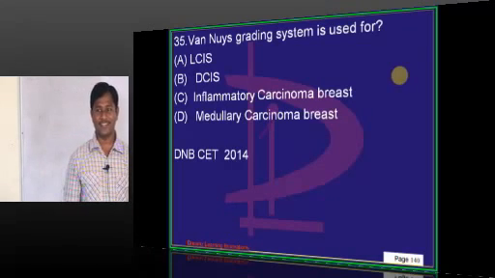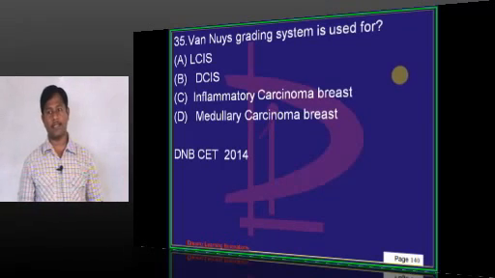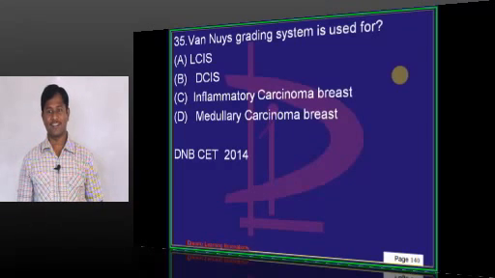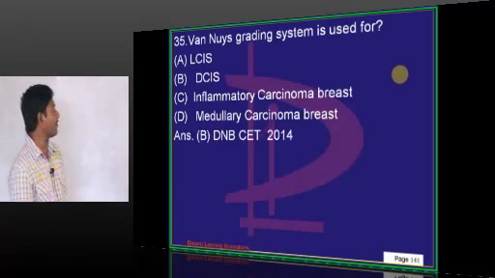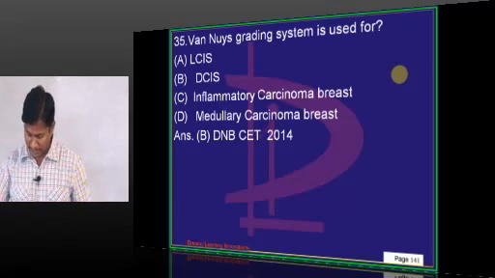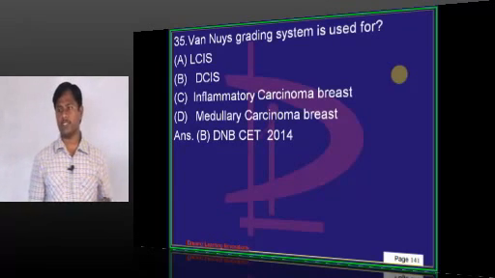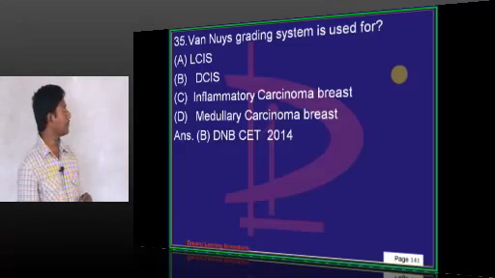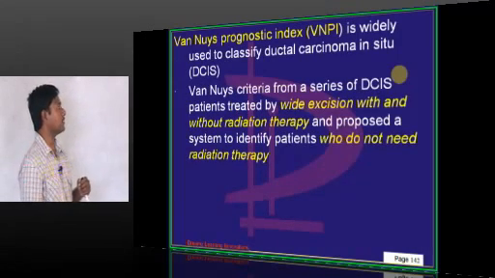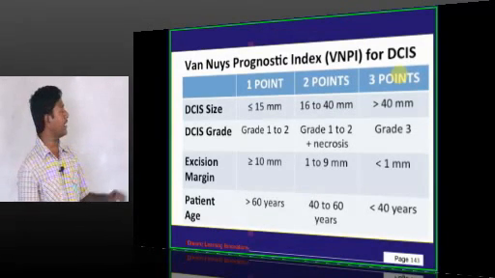Generally you do it for DCIS, not for LCIS. All the grading systems and prognostic systems are mostly for DCIS. The Van Nuys prognostic index is mainly used for DCIS, and this is the prognostic classification that you have to remember.